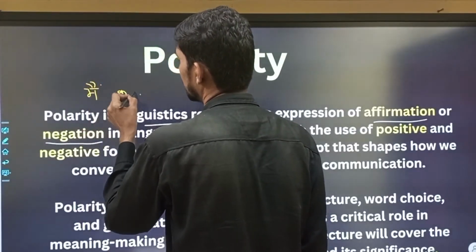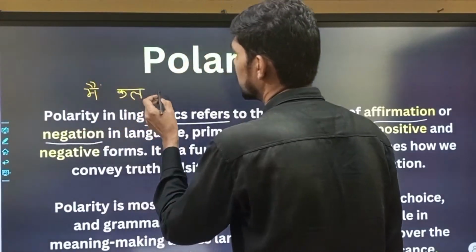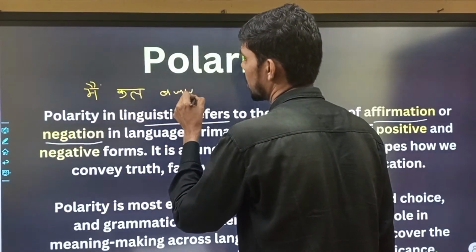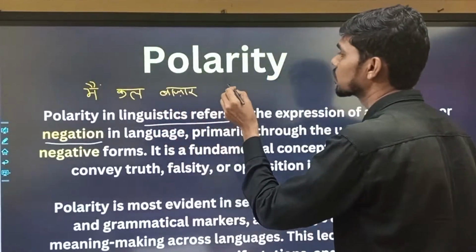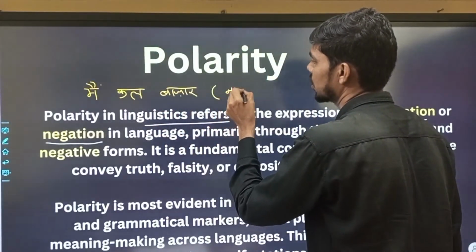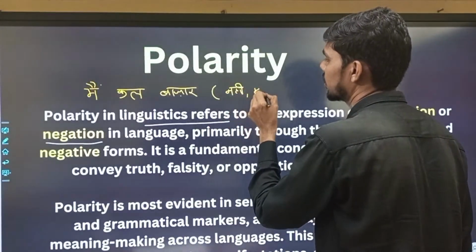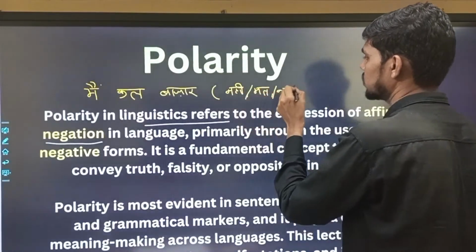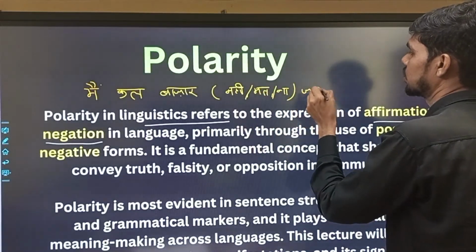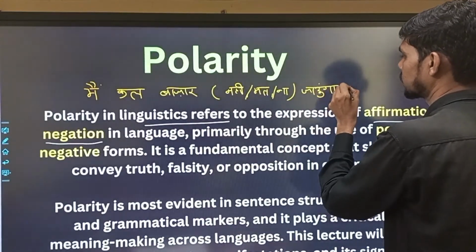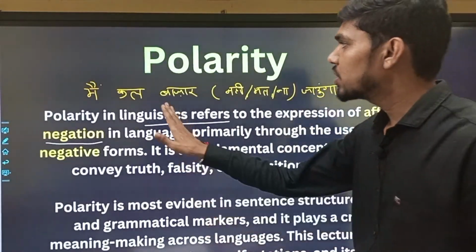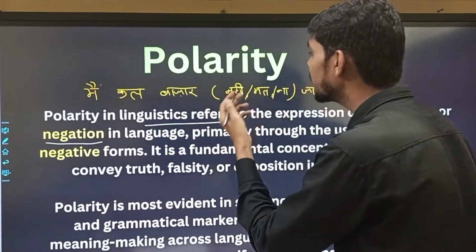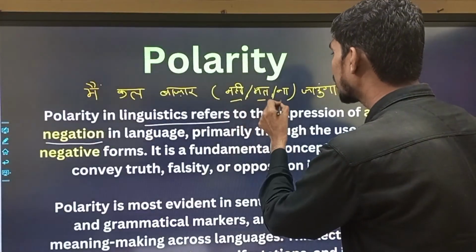Think about this sentence: मैं कल बाजार जाऊंगा. What will we use here: nahi, mat or na?